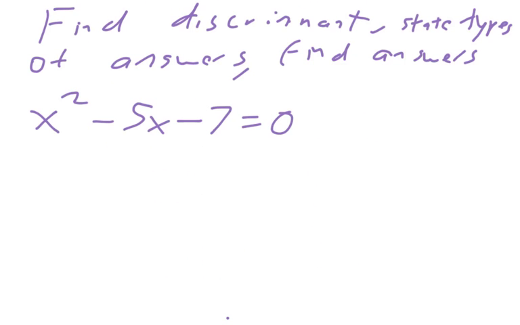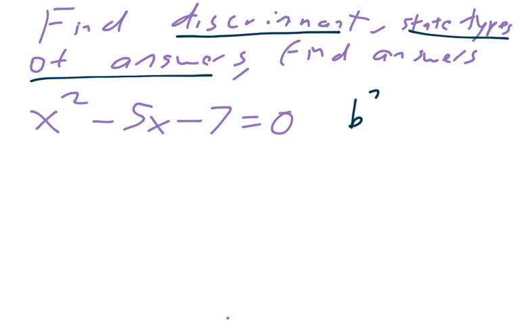Alright, when we cannot factor, like in the problem that we have written down here, x squared minus 5x minus 7, we cannot factor this because there's no way that we could have two numbers multiply up to be negative 7 and add up to be negative 5. So when we do this, we're going to find the discriminant, and then state the types of answers, and then we're going to find the answers.